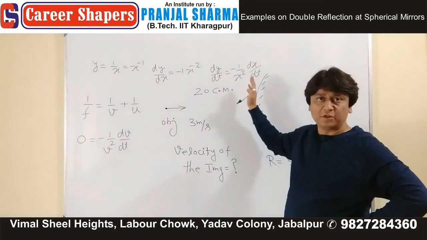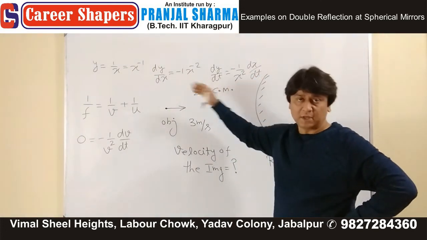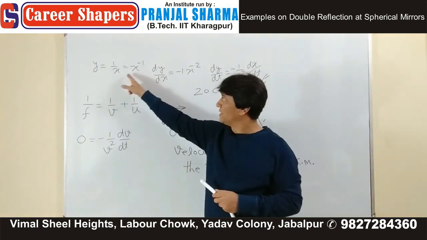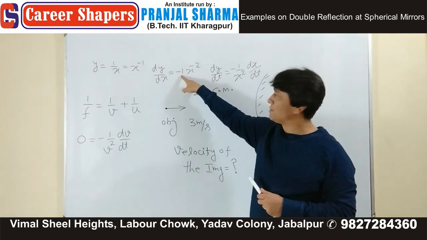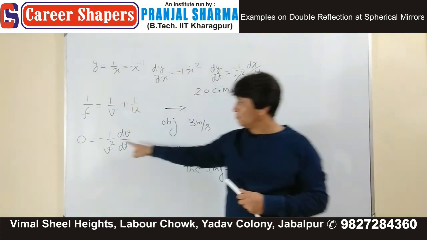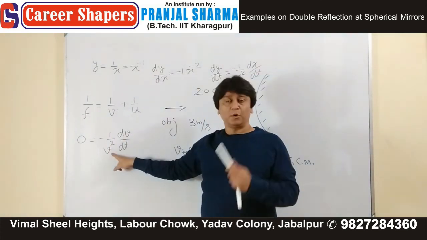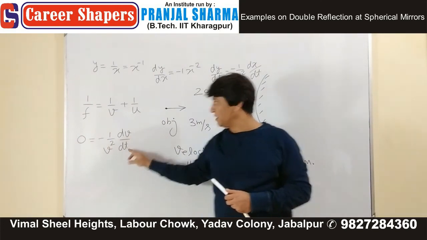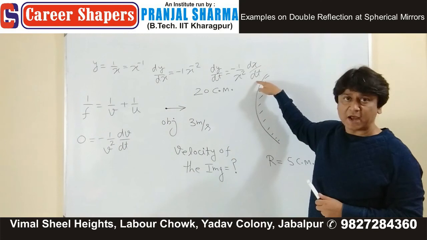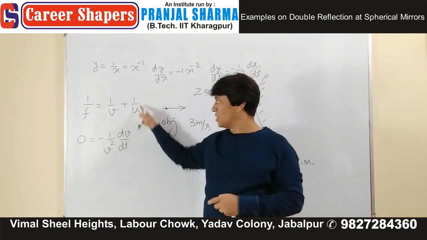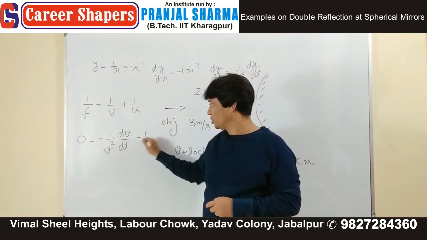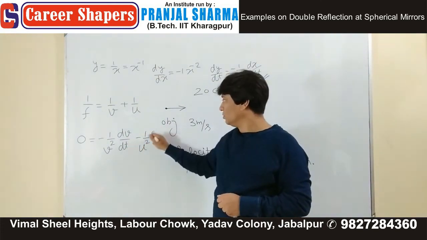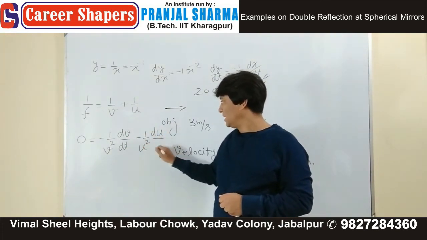This is from class 11. If you're not comfortable with this, tell me and I'll give you a lecture on that. So if you need differentiation with respect to x, it will be minus 1 upon x square, minus 1 upon v square. But we need differentiation with respect to t, and therefore we need to add dv by dt. Then 1 upon u, its differentiation will be minus 1 upon u square, into du by dt.